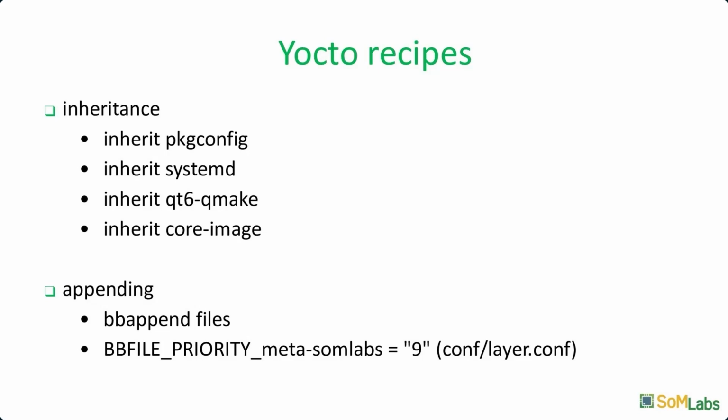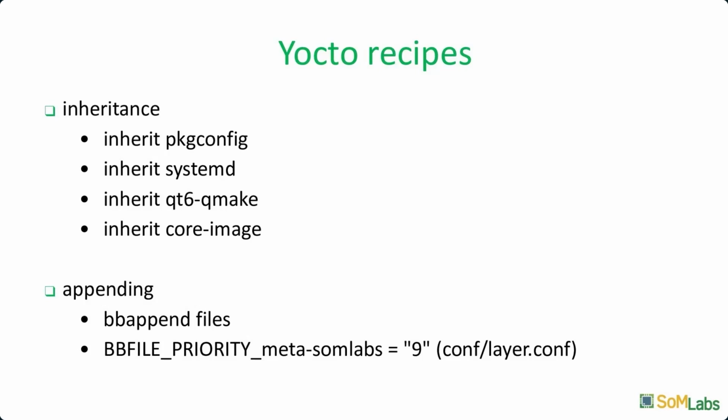So it resembles a little bit of a programming language. And also regarding the appending, we can extend the procedures that are contained within the recipes, but we need to tell the BitBake tool in which order, because each meta layer may have some extension.